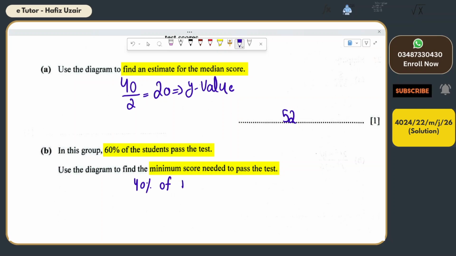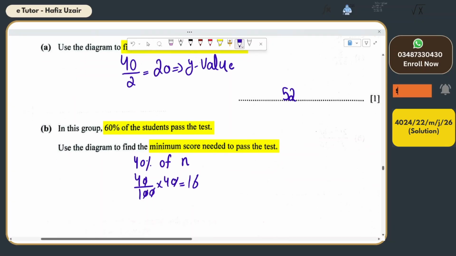So 40% of n, 40 over 100 multiplied by 40, gives you 16. This will tell us the maximum marks achieved by a student who failed the test. Hopefully that makes sense. Now this 16 is your y value.